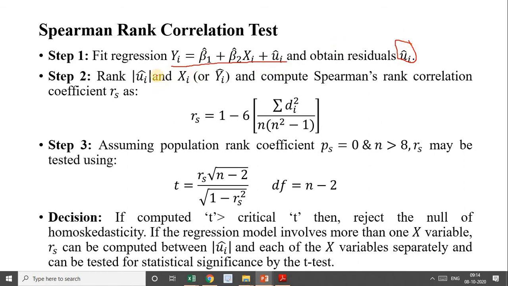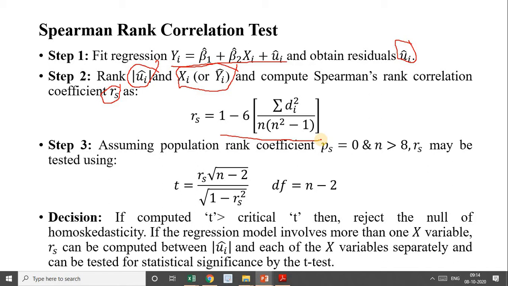Then you take the absolute values of u cap, take xi or y cap i, and compute the different ranks. Then you have to find the Spearman rank correlation. What is the equation for Spearman rank correlation? It is nothing but 1 minus 6 times sigma d square divided by n times n square minus 1.